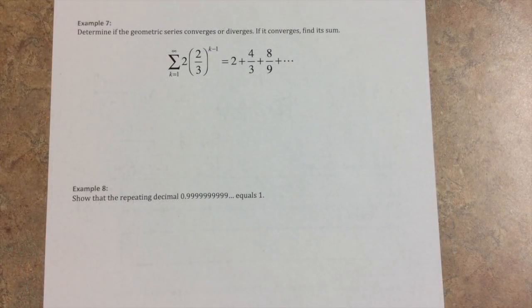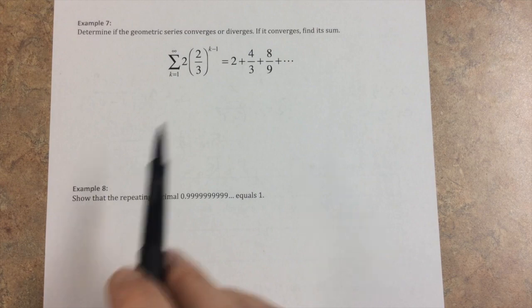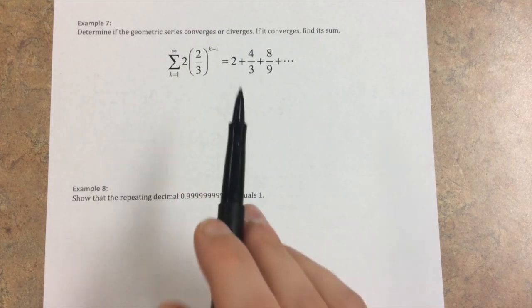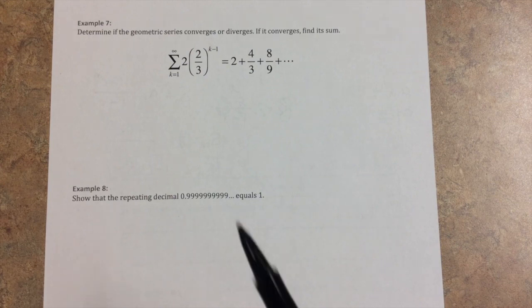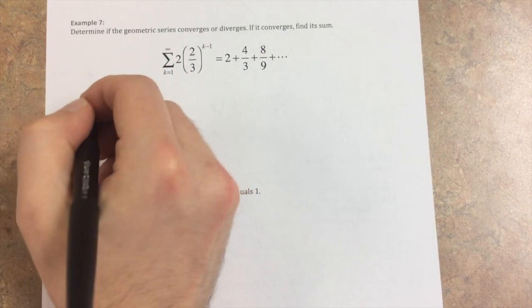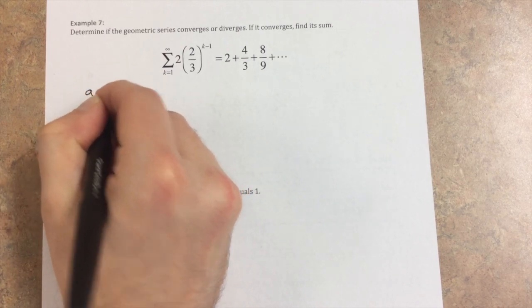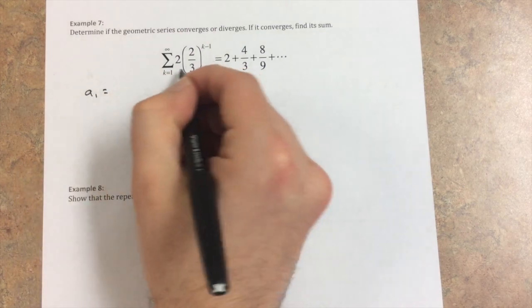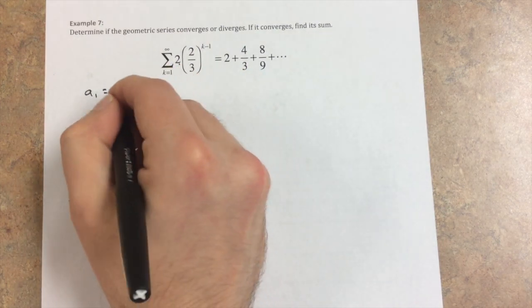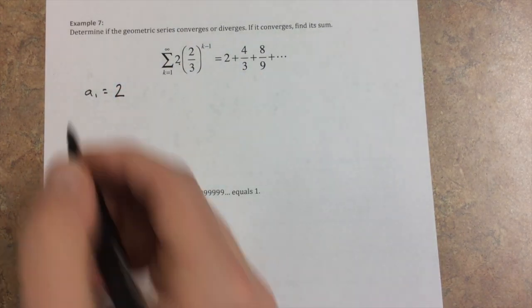All right, so with example 7, determine if the geometric series converges or diverges. We're going to utilize that formula that we had on the page right before. We need to know what a sub 1 is. A sub 1 in this case is this number right here, 2. It's always the first term in our series.